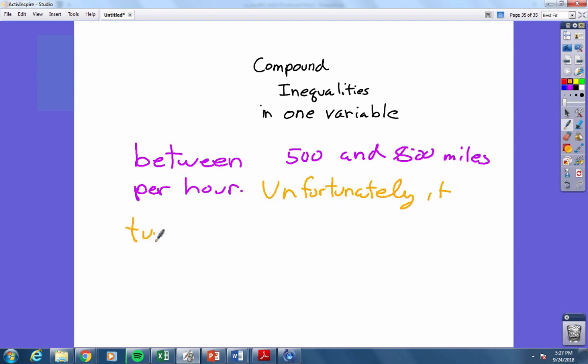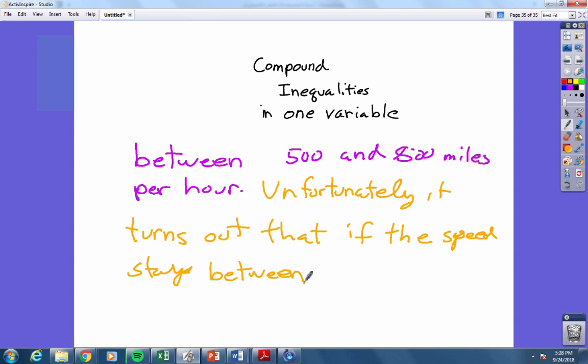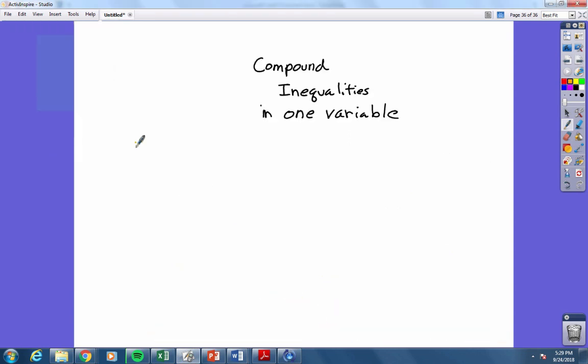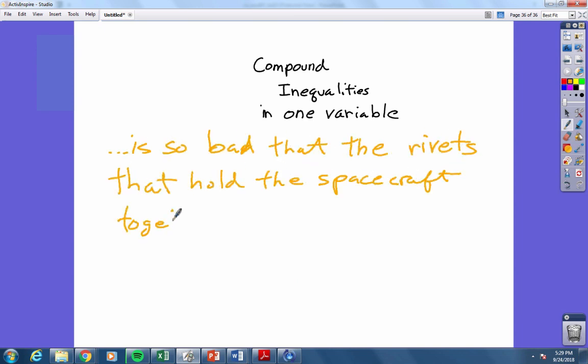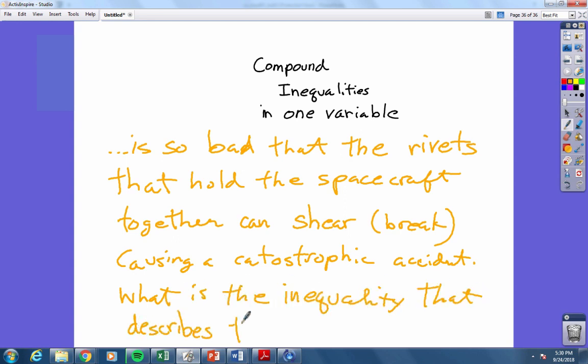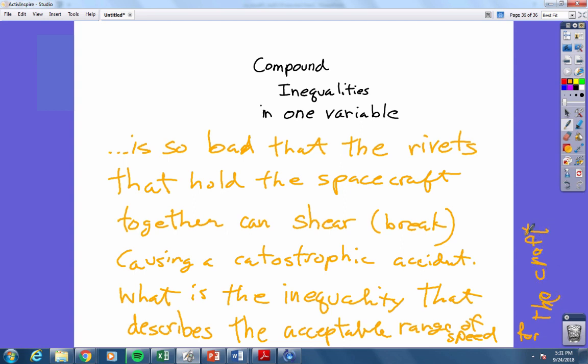Unfortunately, it turns out that if the speed stays between 600 and 650 miles per hour for any length of time, the vibrations of the aircraft are so bad that the rivets that hold the spacecraft together can actually shear, or basically break, causing a catastrophic accident. What is the inequality that describes the acceptable range of speed for the spacecraft?